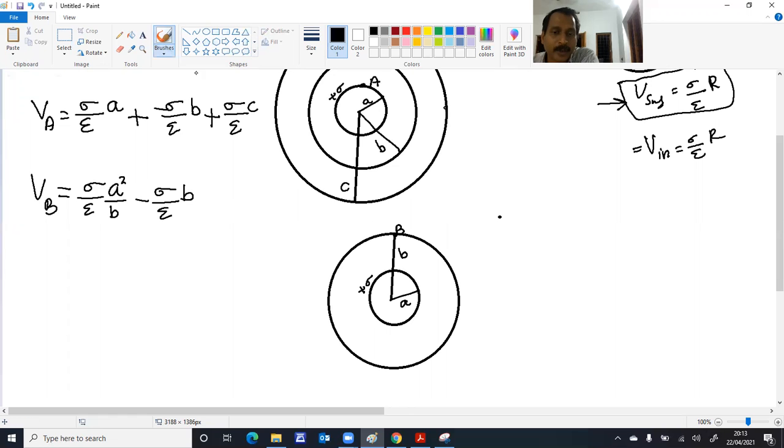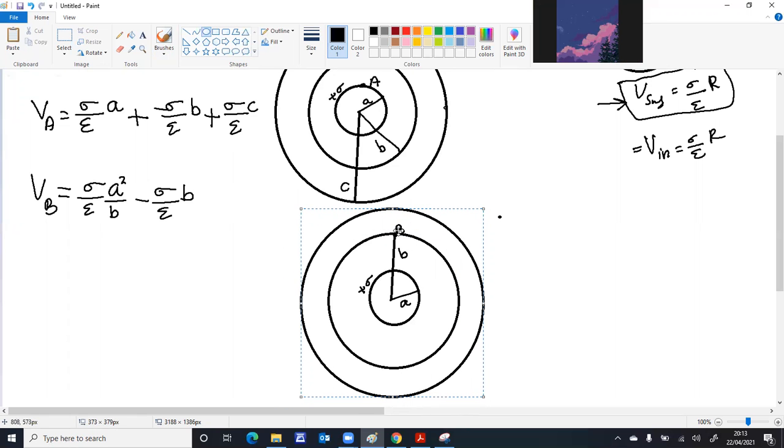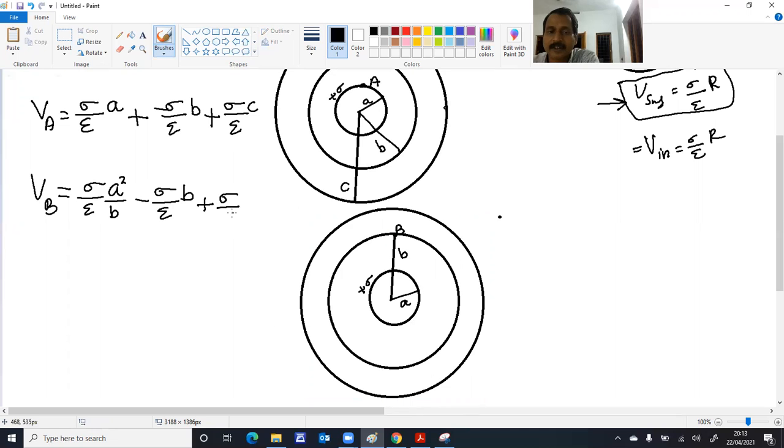Now you take the contribution at that B itself due to the third sphere. For the third sphere also, this point is what? Inside. Inside. For the third sphere, the point B will be inside, right? Yes. And point A will be outside.